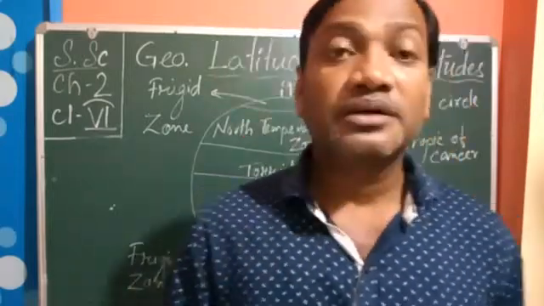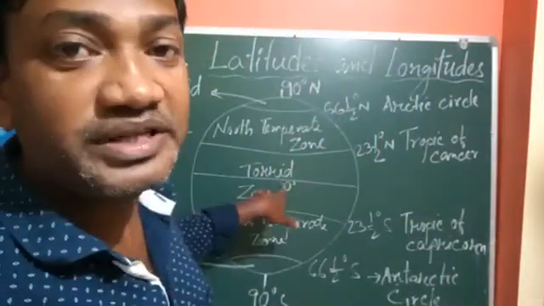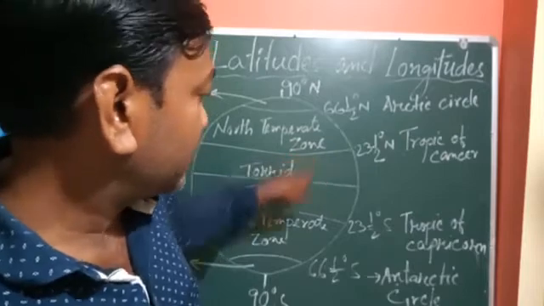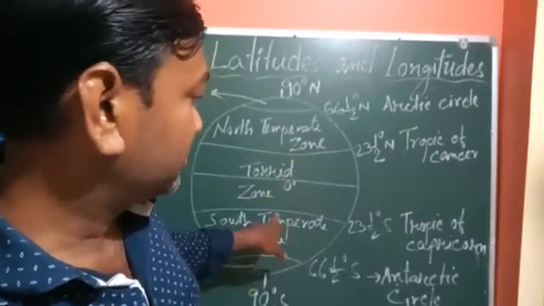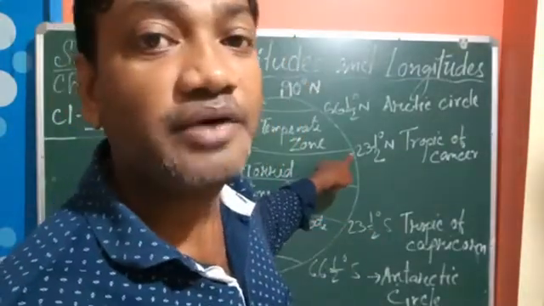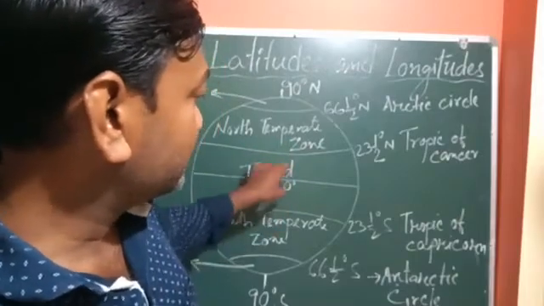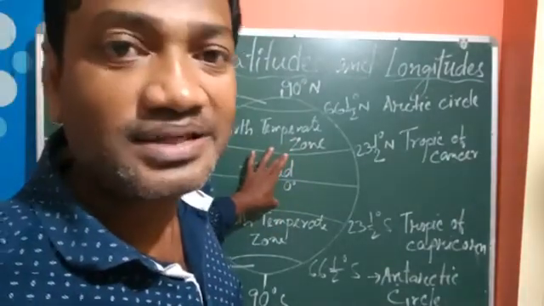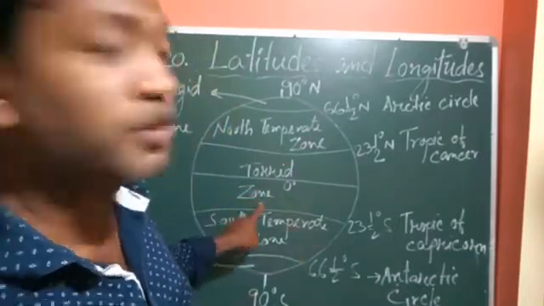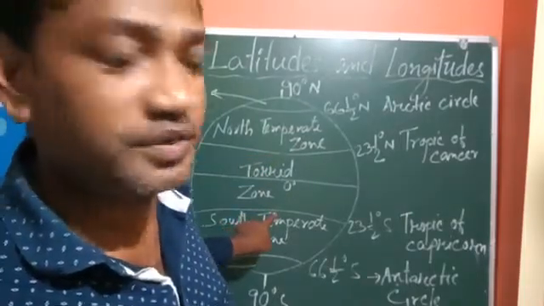The first one is the torrid zone, that means from the equator up to 23.5 degrees south and 23.5 degrees north. From this line to this line, it is called the torrid zone.